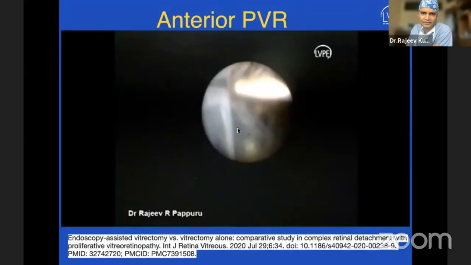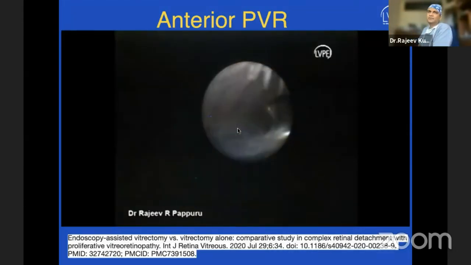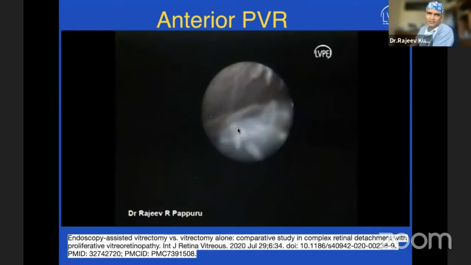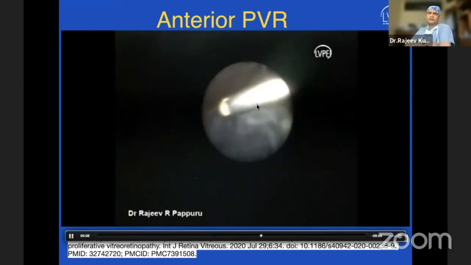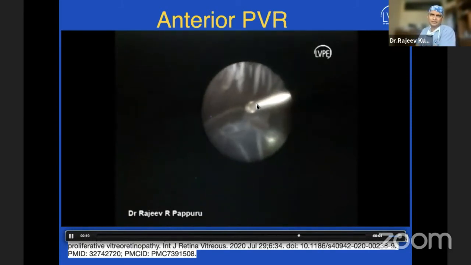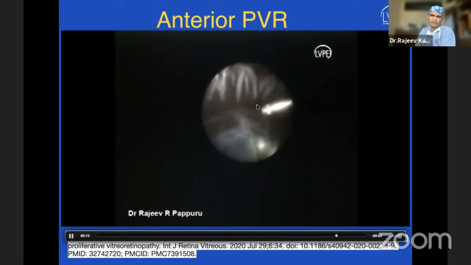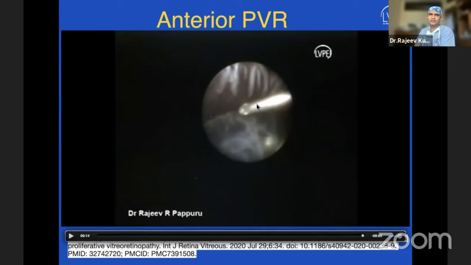And the second application, where the visualization is still clear. This is a case where we were doing vitrectomy and you see that the retina is still not settling, and you feel that the light pipe chandelier which had been placed was not showing well.